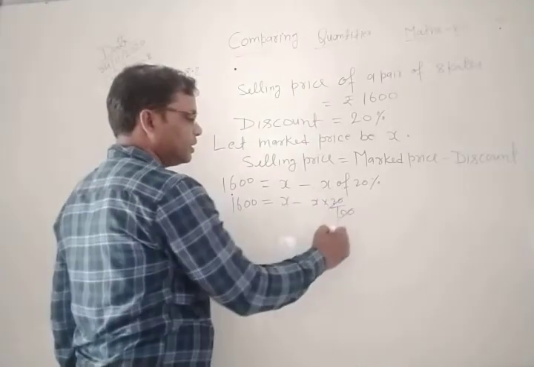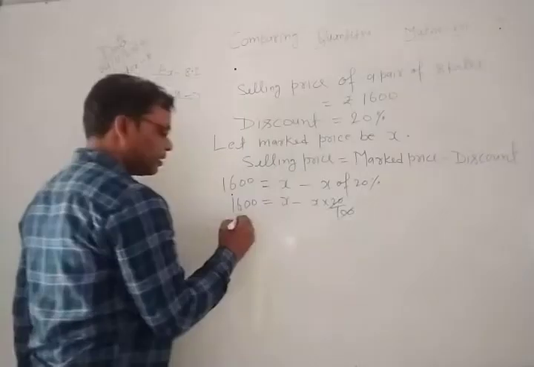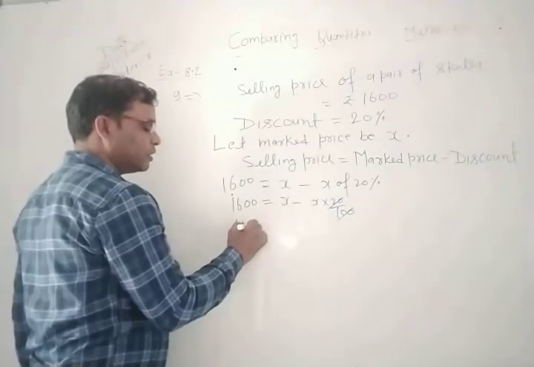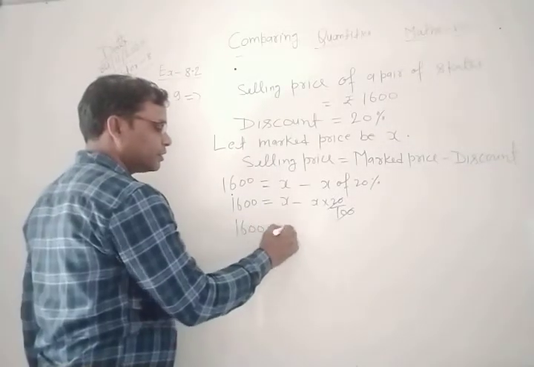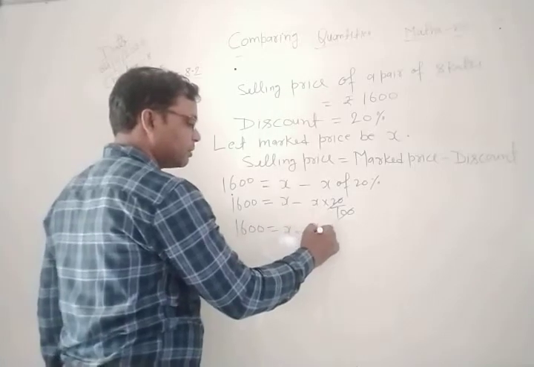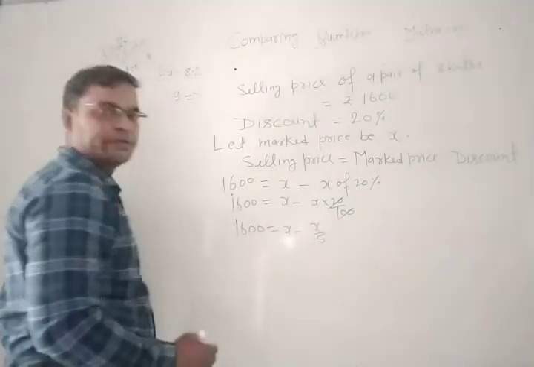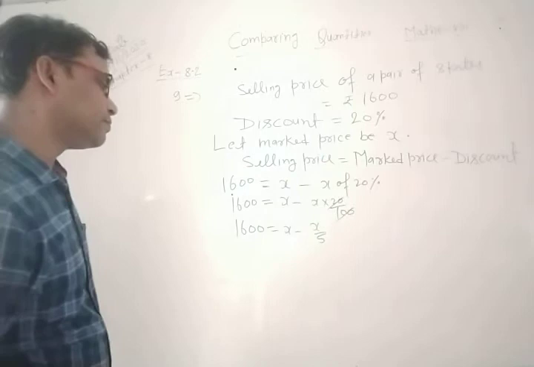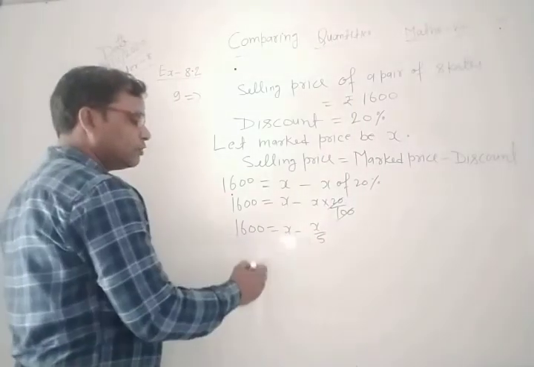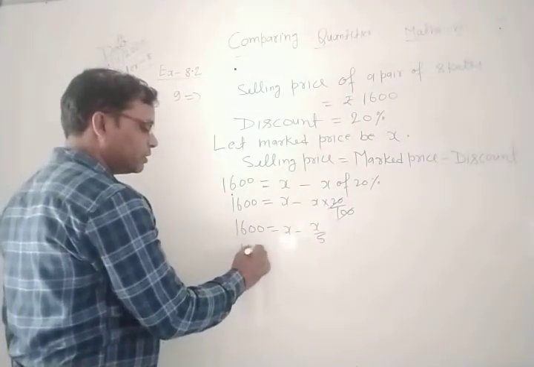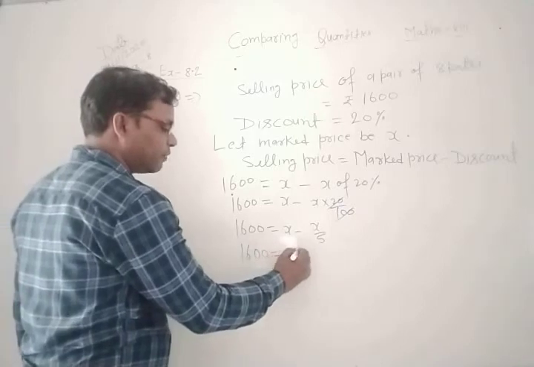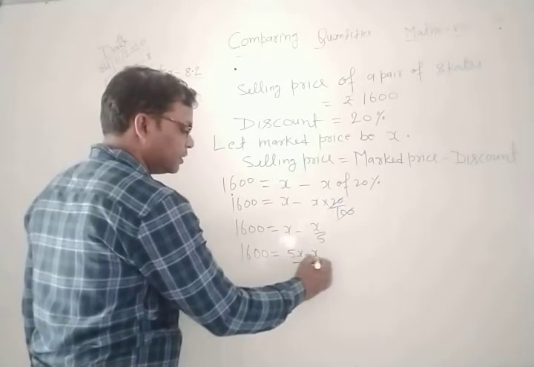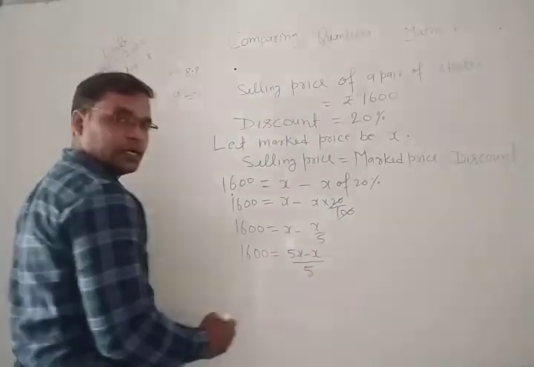You can cancel it, and this implies that you can write 1,600 is equal to x minus x by 5. This is clear. Now, if you take the LCM here, then we obtain 1,600 is equal to (5x minus x) by 5. This is clear.